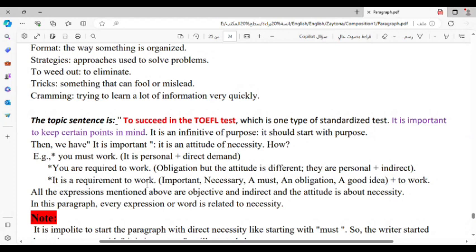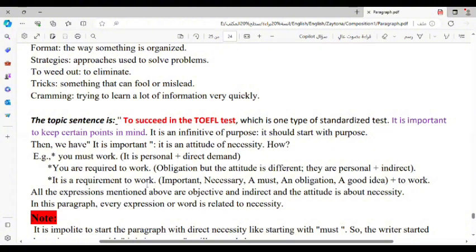When I say impolite, يعني غير مهذب. So try to use some alternatives for this word. Try to use it is important to study, not you must study. Try to use, for example, you should study. You have to study, not you must.